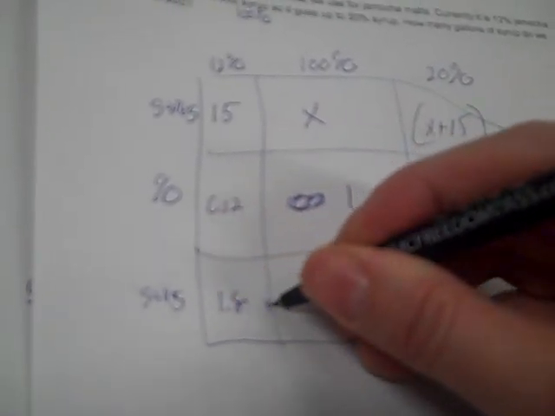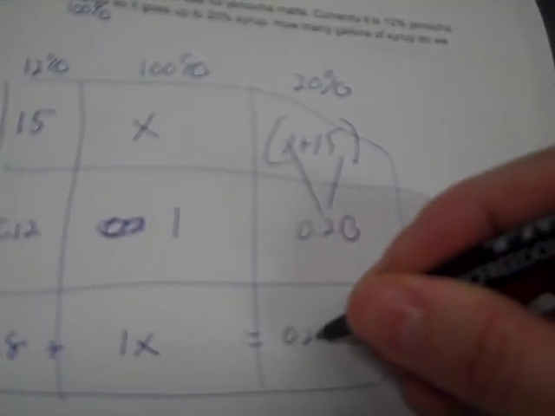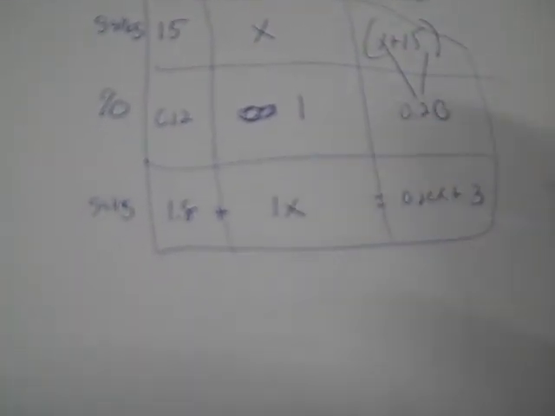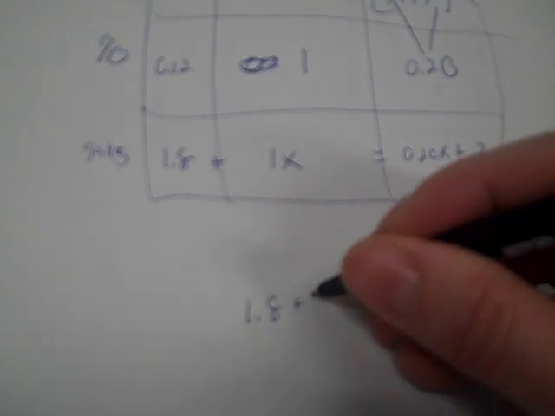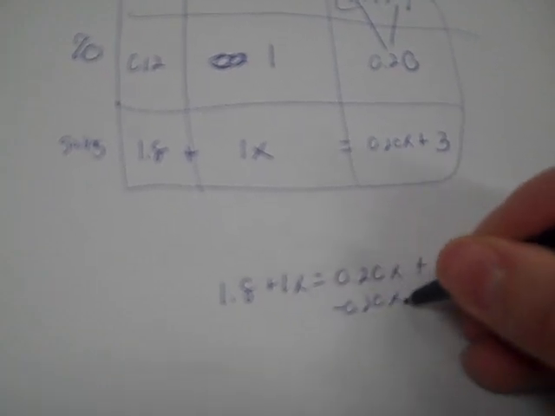0.12, 1, and then 0.20. 15 times 0.12 gets 1.8 plus 1x. Then I distribute. That's going to equal 0.20x plus, I think it's 3 here. Yep. Then I have just a nice, easy linear equation where I can solve for x. So subtract 0.20x.